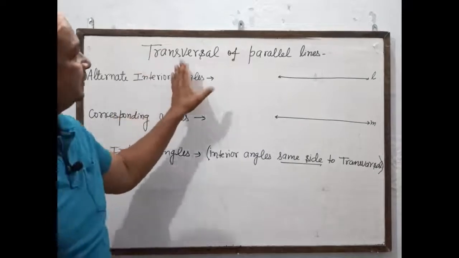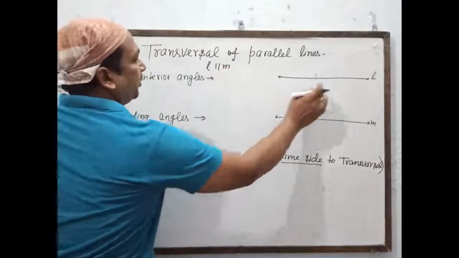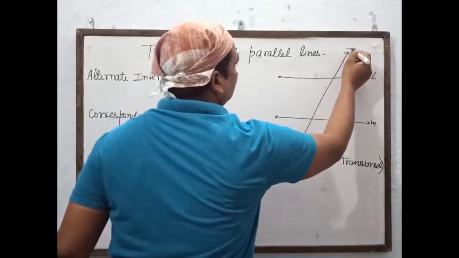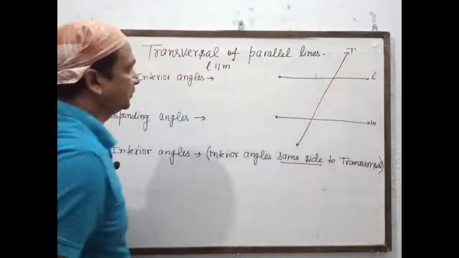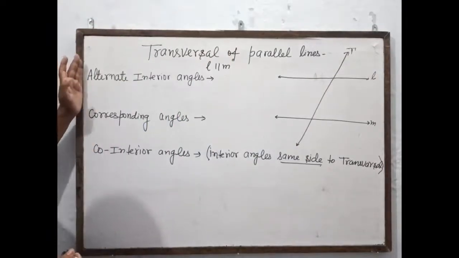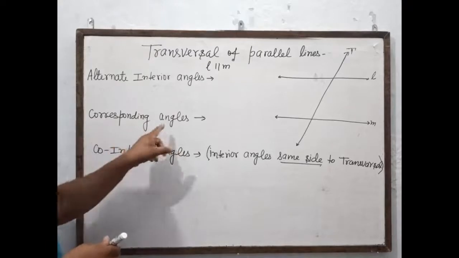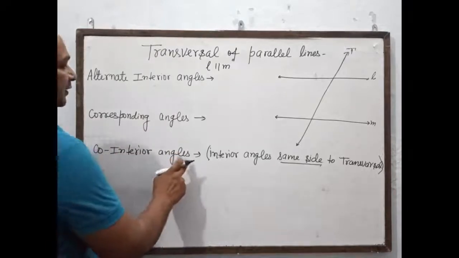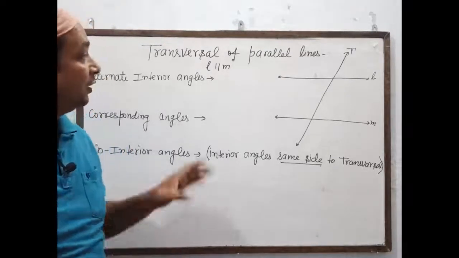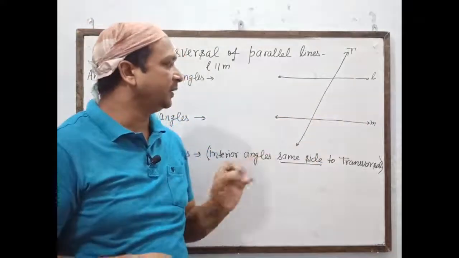If a transversal intersects two parallel lines, here given line L parallel to M, then these angles, the pairs of alternate interior angles, corresponding angles, and co-interior angles, have certain properties only when the two intersected lines are parallel.